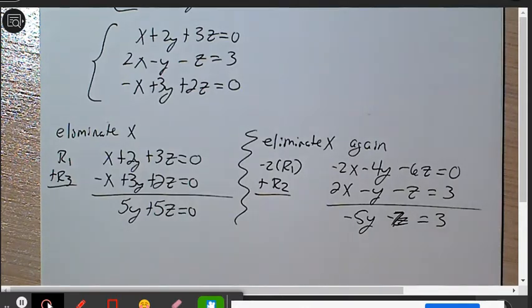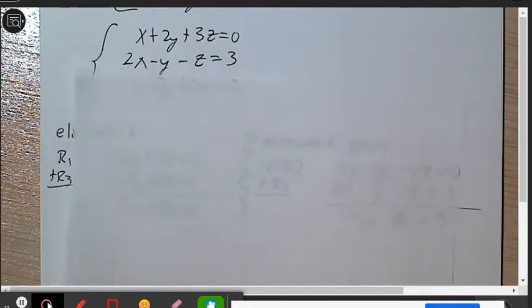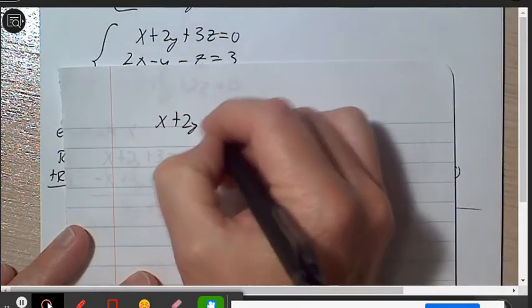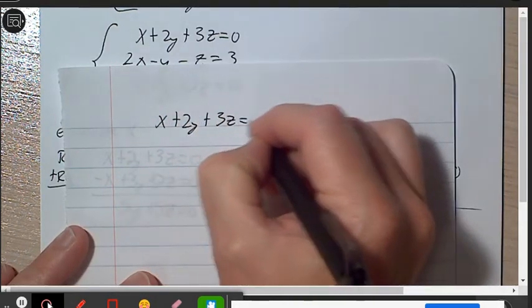Now, here's where I kind of break off from what the book would say. So now we've got this new system that we've made, and I'm going to put this on a scrap sheet of paper here. They would tell you that now that you're here, you're going to have this new equation that we have, x plus 2y plus 3z equal to 0.